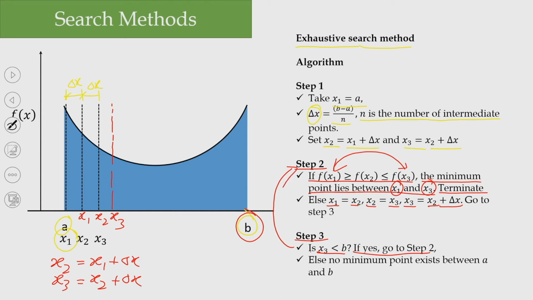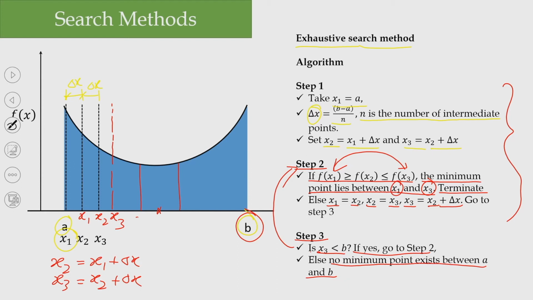If no, that is, x3 is more than b, then no minimum point exists between a and b, so we have to take a different lower bound and upper bound. So this is one algorithm to bracket the optima. Your optima is somewhere here.